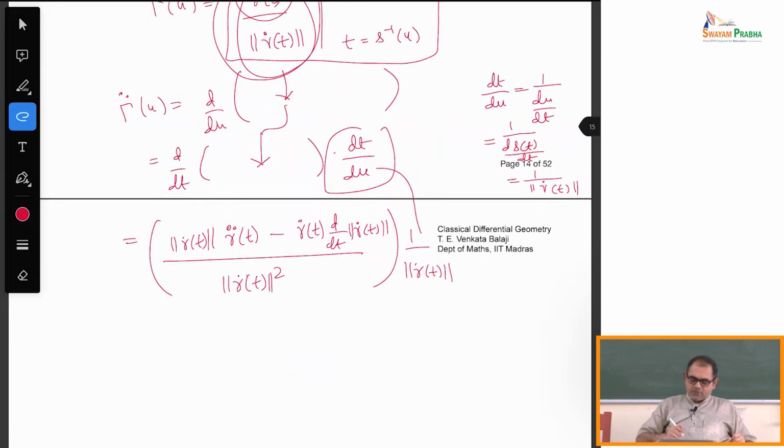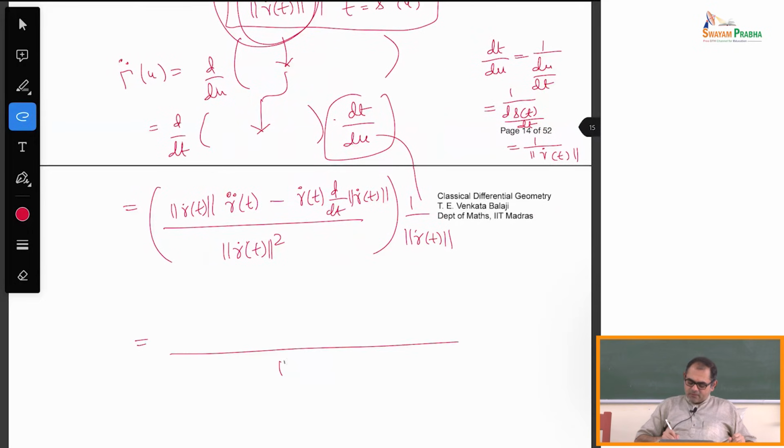So the moral of the story is that I will get norm gamma dot of t cube. And here I am going to get this term. So let me write it, and be careful with the dots. Don't put a dot too many. Gamma dot of t norm, this is gamma double dot of t minus gamma dot of t, d by dt of norm gamma dot of t.